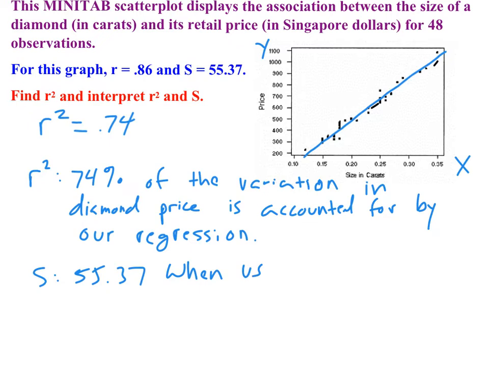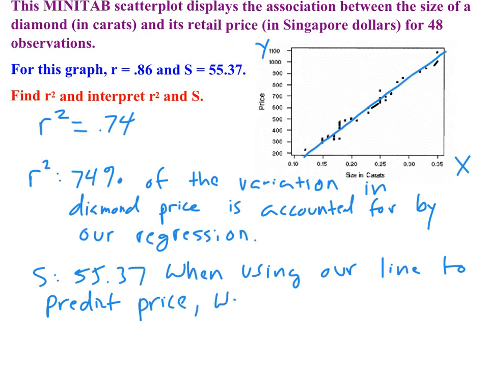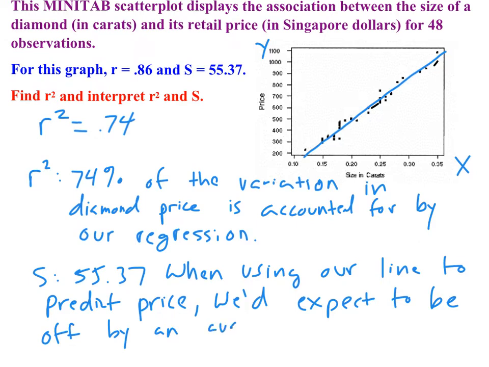I would say when using our line to predict price, we'd expect to be off by an average of $55.37.